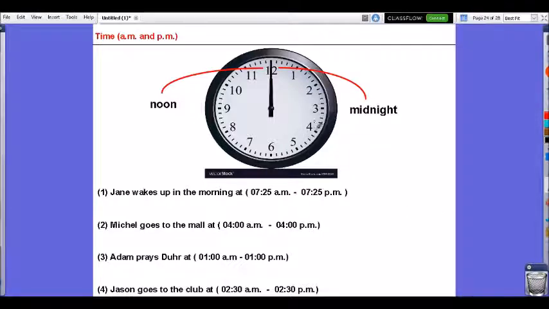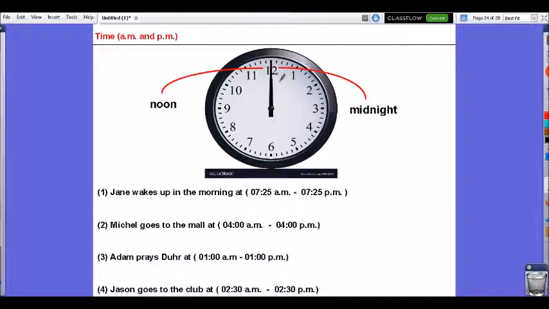So here, how can we differentiate between PM and AM? Very, very quickly, all we need to do is split the day into 2 halves. Each half is just 12 hours. One half is after midnight. So 12 happens twice in a day. The first time is midnight, and this is when the day begins.